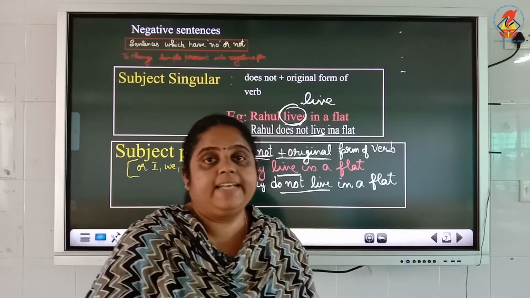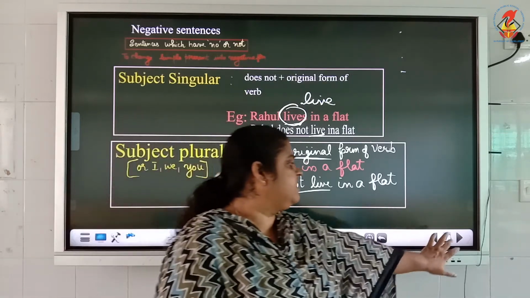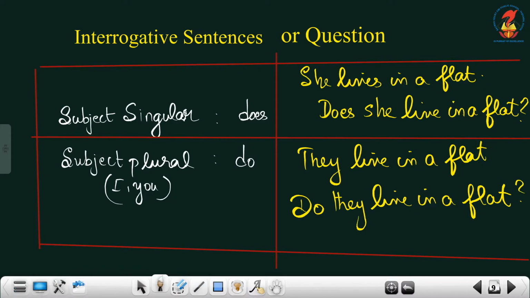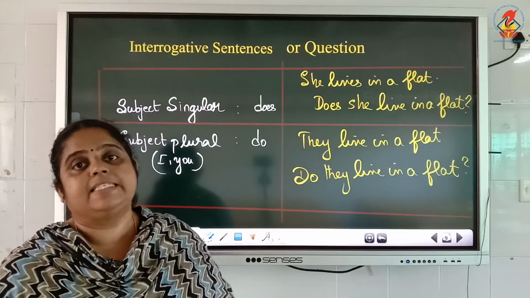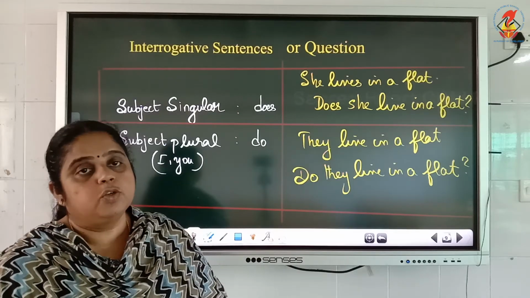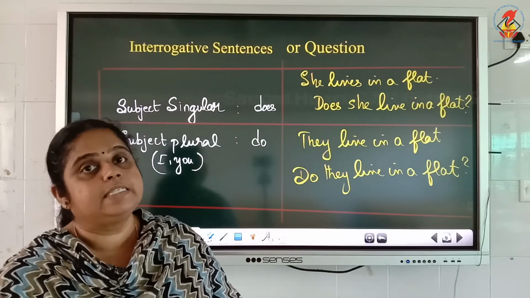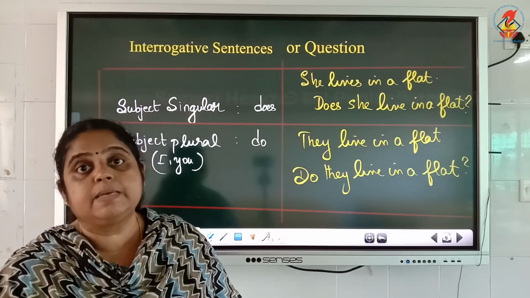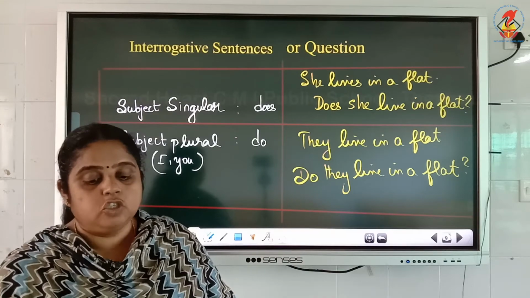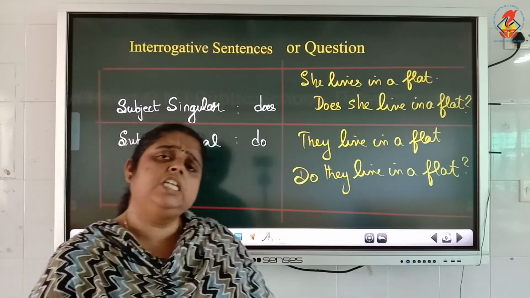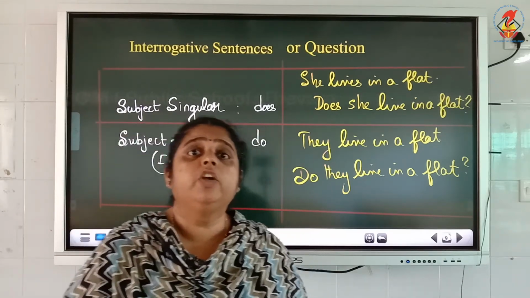Now coming to the next one, that is interrogative. What do you mean by interrogative sentence? Interrogative means a question. Interrogative sentence, a question sentence. So, if you have to convert a sentence in simple present tense into an interrogative sentence, how will you do that?